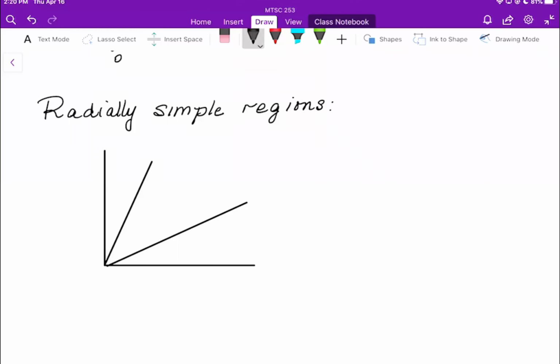This region is radially simple if maybe it looks as such.